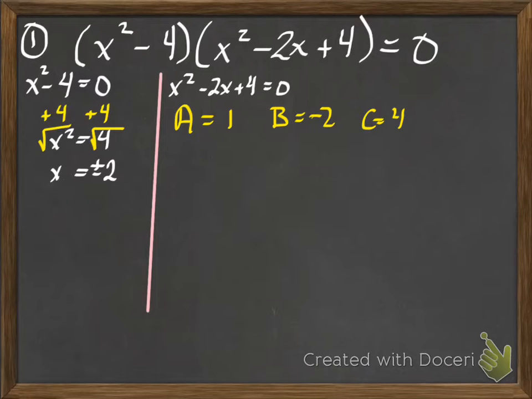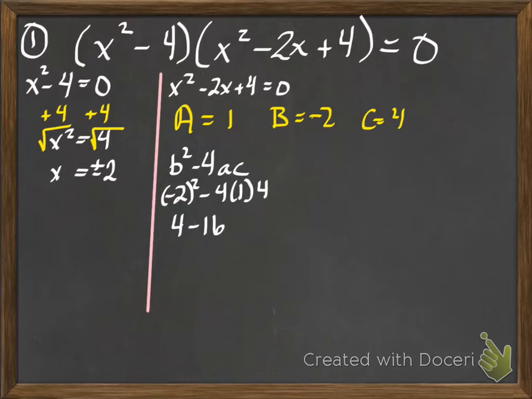And so we're going to do b squared minus 4ac. So b squared would be -2 squared minus 4 times 1 times 4. So 4 minus 16, which is going to give me -12.